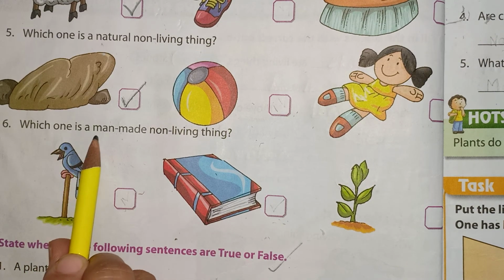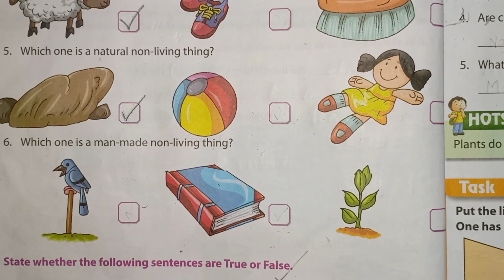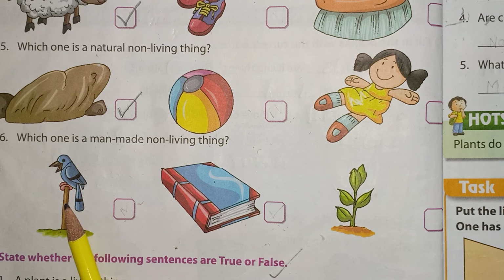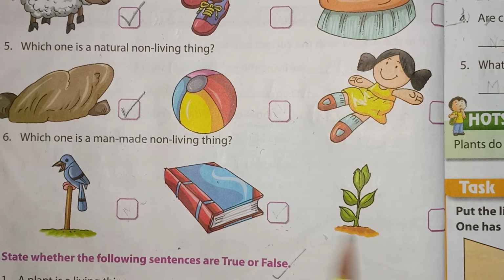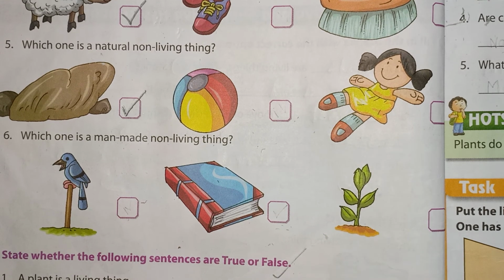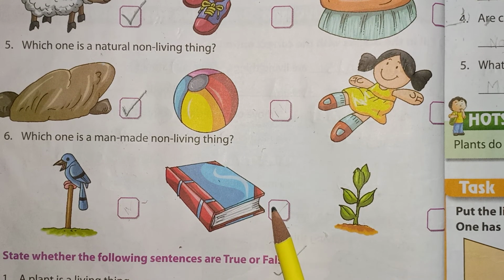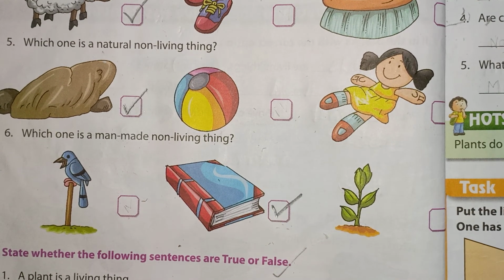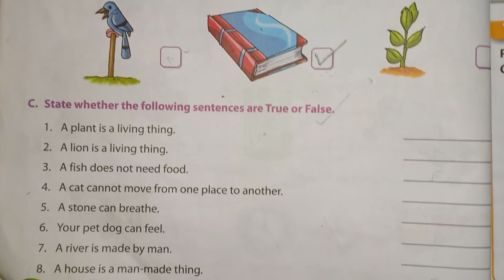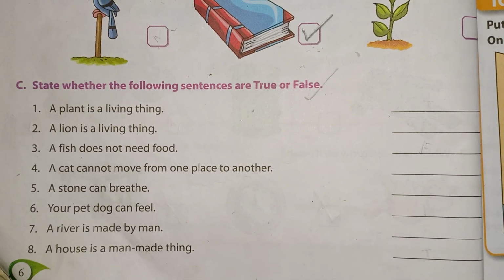Which one is a man-made non-living thing? See here, there is a bird, book and plant. Bird and plant, these are living things, but book is a non-living and also made by man. Okay, so let's move ahead towards the next question.